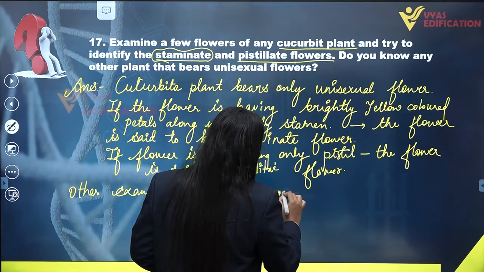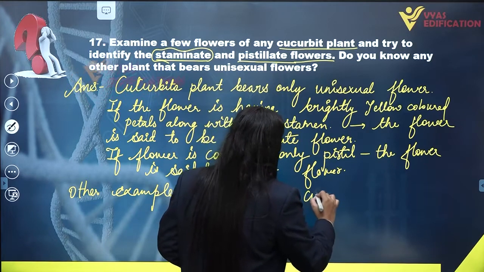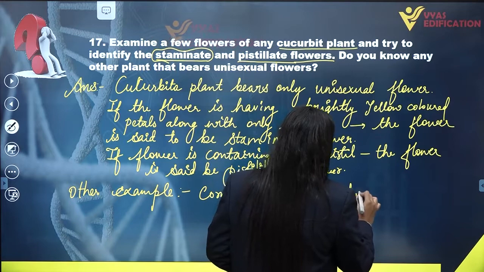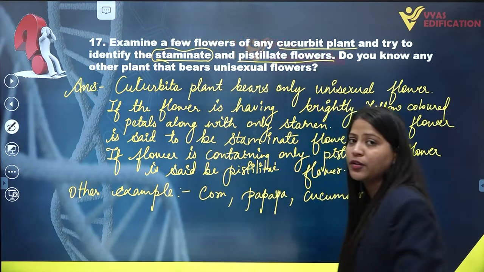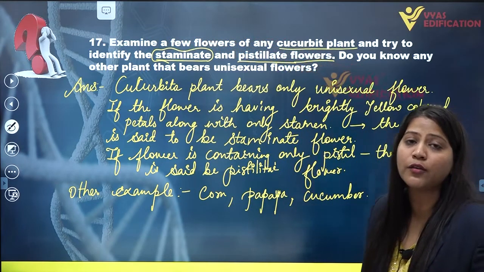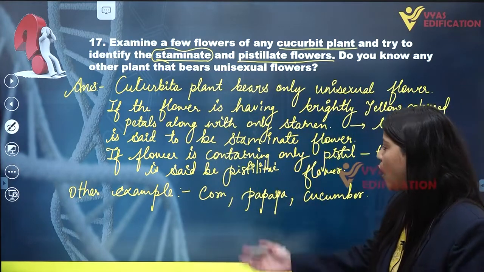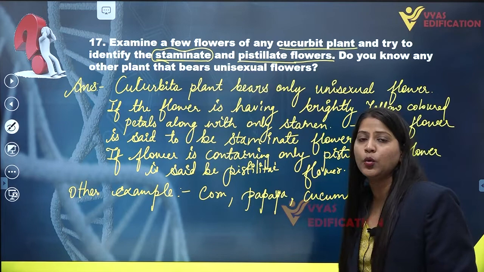The papaya plant bears unisexual flowers. Along with that, we have another example, cucumber. So we have three more examples of plants which contain only unisexual flowers: corn, papaya, and cucumber.